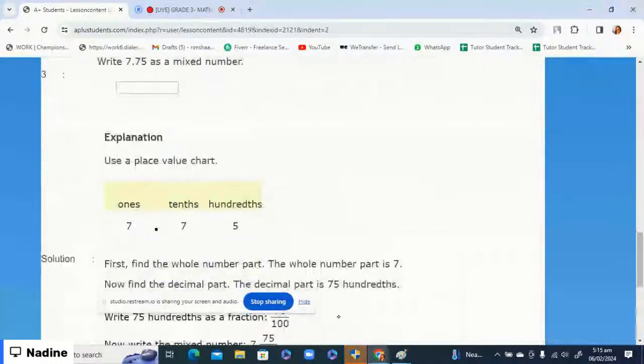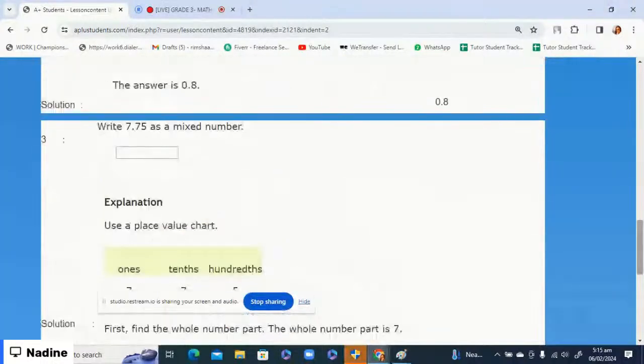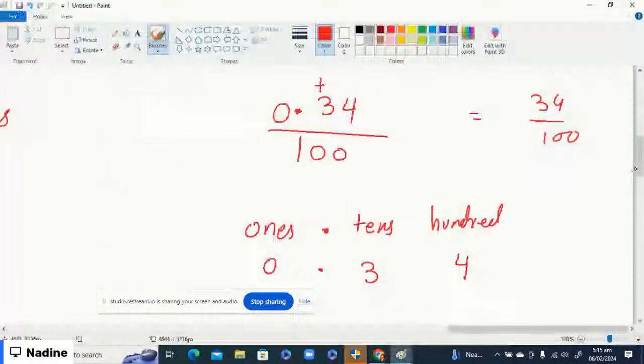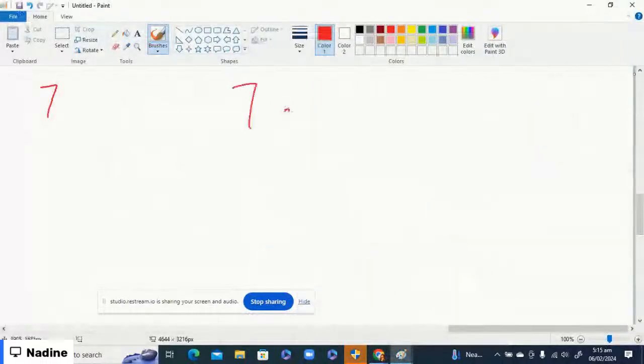Now look at the next one, 7.75 as a mixed number. First we convert 7.75. Just write it down. This is the point. After this point, this is in the tenths place, and this becomes the hundredths.